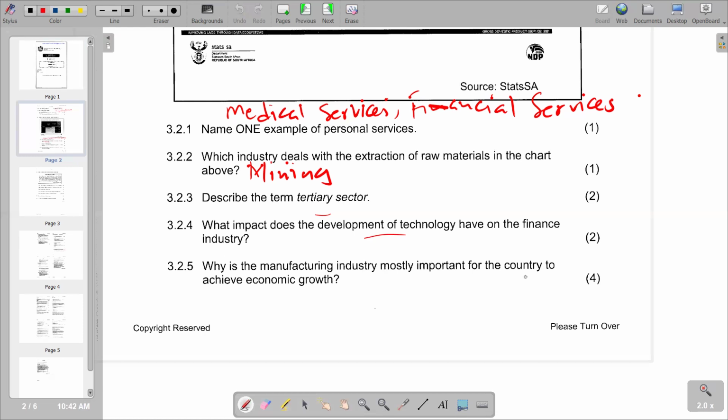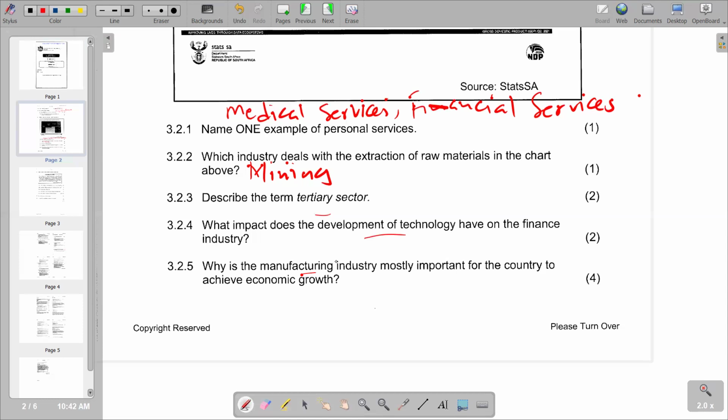3.2.5: why is the manufacturing industry mostly important for the country to achieve economic growth? Remember, the manufacturing industry is the one in center stage in terms of the total value of goods being produced in the economy. And remember, economic growth is measured by the increase in the value of goods being produced in the country from one period to the other.